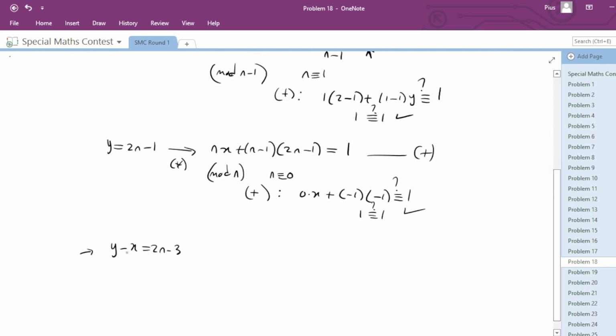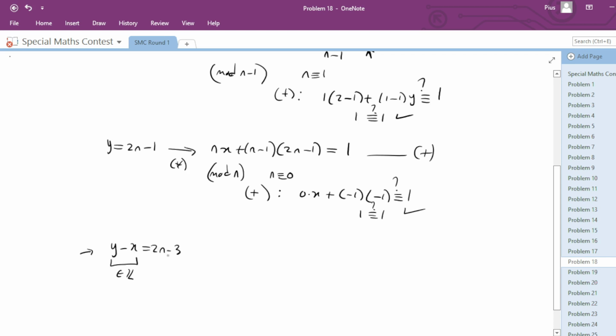Now the catch here is that whichever variable we pick, once we solve for the other variable and make sure that one is an integer, then the second one will also have to be an integer because this is an integer. So if one is an integer, the other is an integer. So we just need to pick any one of our choice, plug it in, and make sure it's an integer.